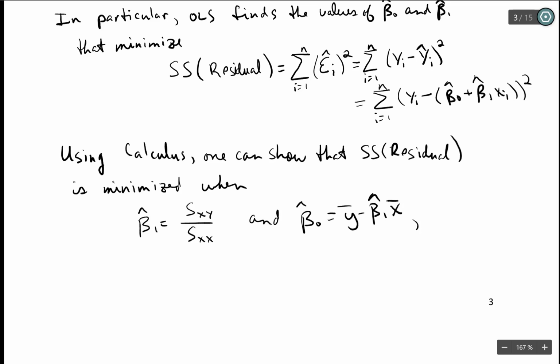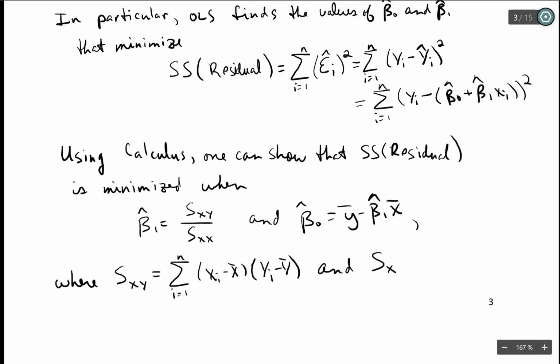Let me define a couple of these things here. This SXY quantity is the sum, i goes from 1 to n, of xi minus x bar times yi minus y bar, and SXX is the sum of the squared deviations in x.